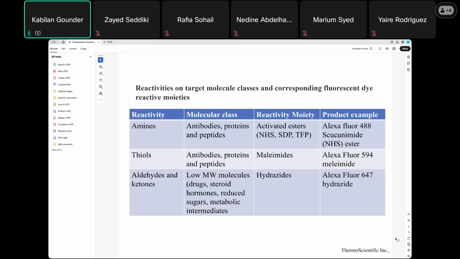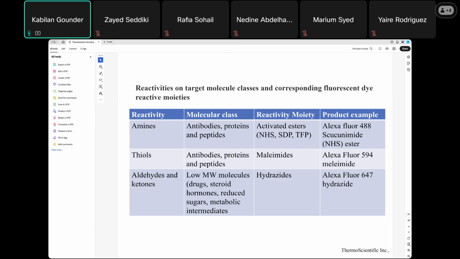The reactivities are the target molecule classes and the corresponding fluorescent dye reactive moieties. So here, we have a reactivity molecular class and reactivity moiety, and examples of different fluorophores or dyes. If you really wanted to study the antibodies, proteins, and peptides, you can use activated esters.